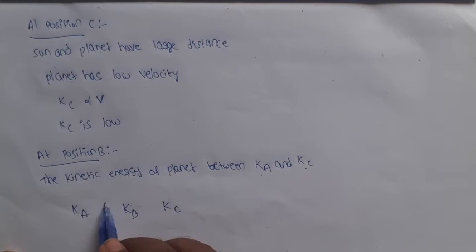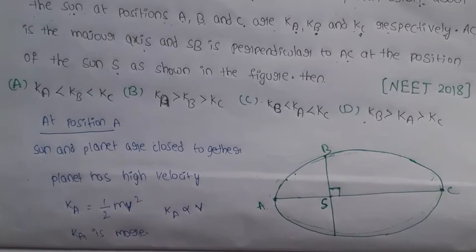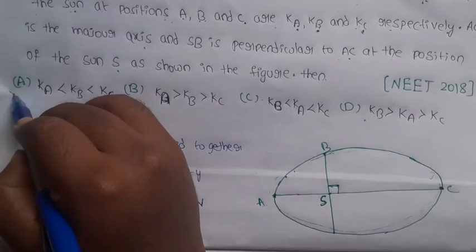Ka has high kinetic energy, Kc has low kinetic energy. At point B, kinetic energy is between Ka and Kc. So see the options. Option A is the correct answer.